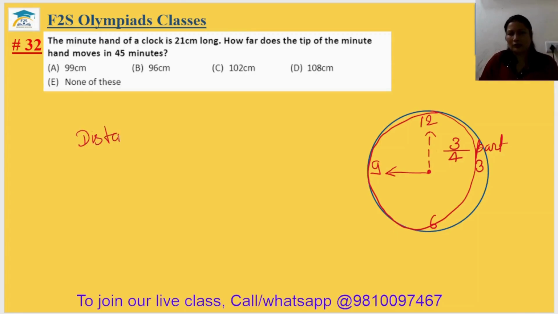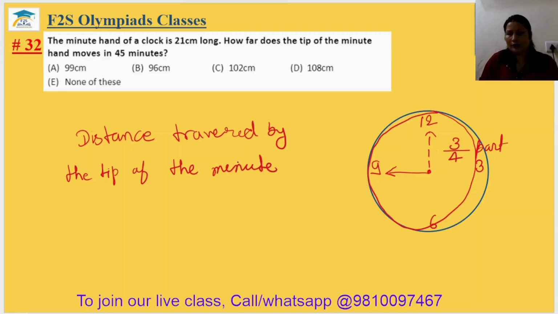Distance traveled or covered by the tip of the minute hand will be 3 by 4 of 2 pi r. 2 pi r is the circumference of the circle.